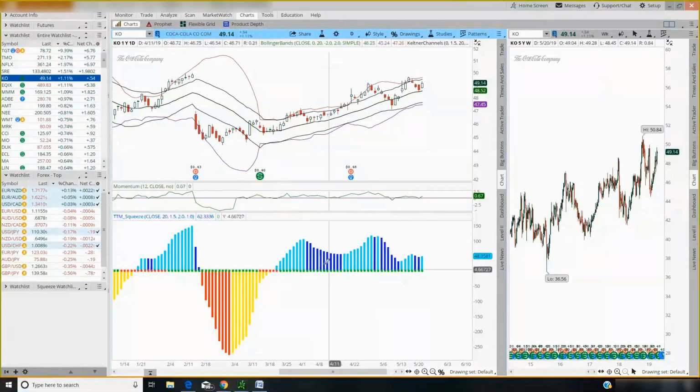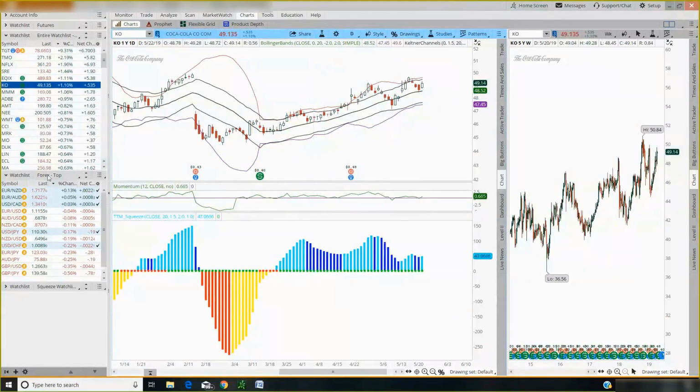Now, one of the things I'll tell you, and again, I'm not going to take credit for this indicator. I did not create this indicator, but one of the things that John Carter says is once it fires, and hopefully you're taking notes, you can look for about 8 to 10 bars. Once the squeeze fires, on average, you can look for about 8 to 10 bars.